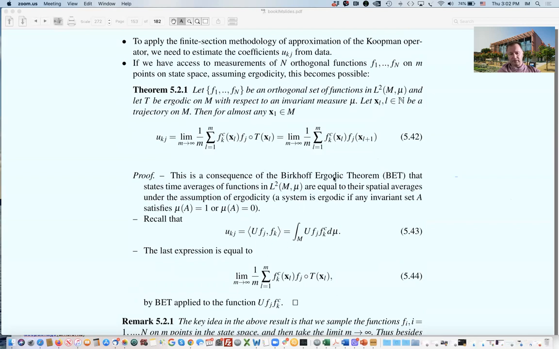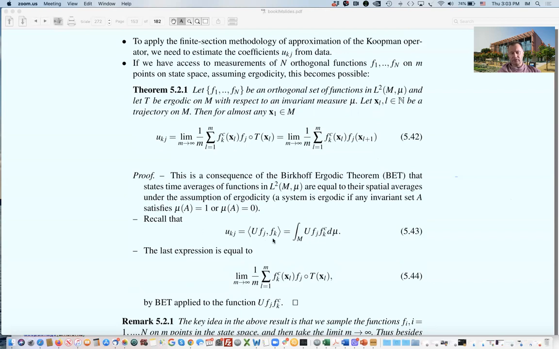Birkhoff really proved that the time averages exist, but then as a consequence, he proved that if ergodicity holds, then time averages are equal to spatial averages. And so U_kj, by our definition, was equal to this spatial average, the inner product of U acting on F_j multiplied with F_k complex conjugate.